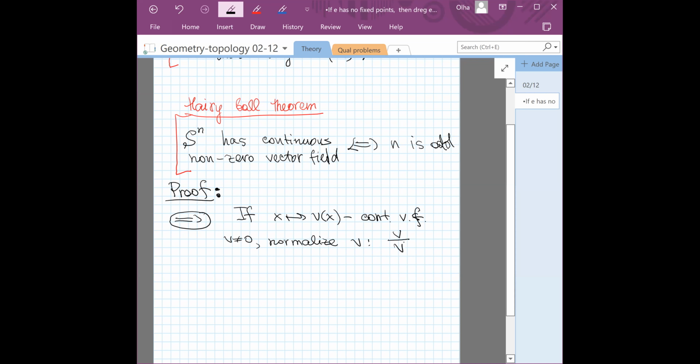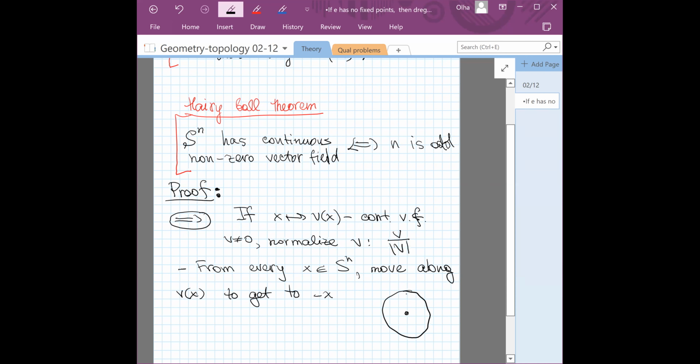We just divide v by its norm. So after that, we can suppose that v is of norm 1. And then from every point x, we can move in the direction of v(x) to get to negative x.